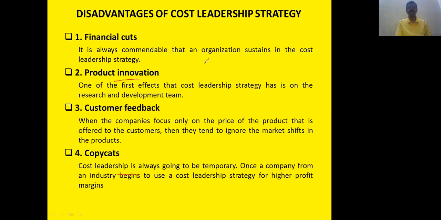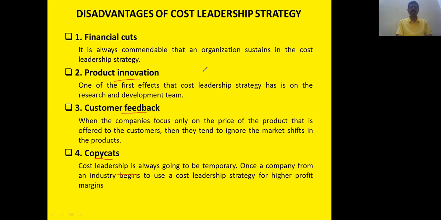The product must be completely innovative such that the producers gain the production cost advantage and sell the products at a minimum price. Customers' feedback must be taken into consideration. They cannot simply claim themselves to be the cost producers, because if customers say that the quality is not up to the mark, the entire venture will be lost.